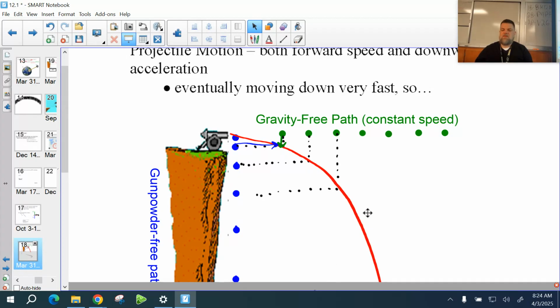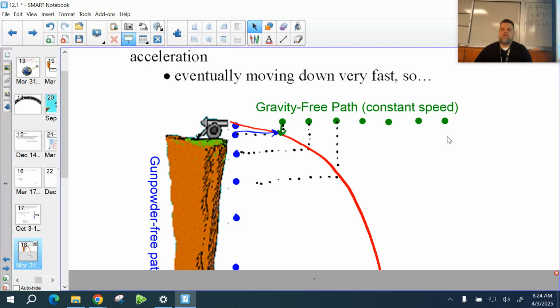Hey, what does this remind you guys of? Didn't we shoot a dart off the edge of your desktops, the tabletops? Well, this is the path that it would travel.